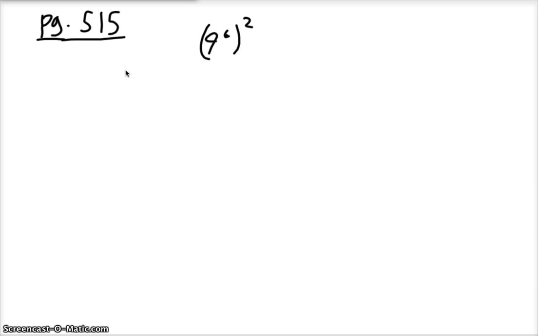All right, so what do we do when we have an exponent of an exponent? 9 to the power of 6 squared. Well, all we do, quite plain and simple, is we multiply them. Whenever we have an exponent of an exponent, we multiply the exponents.